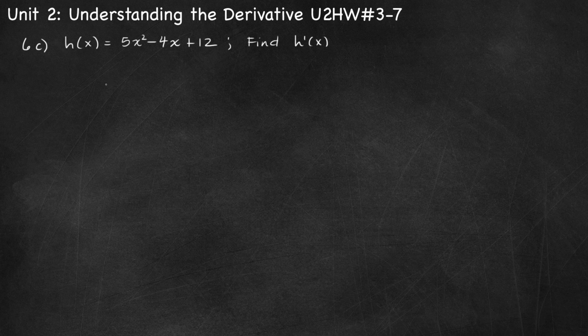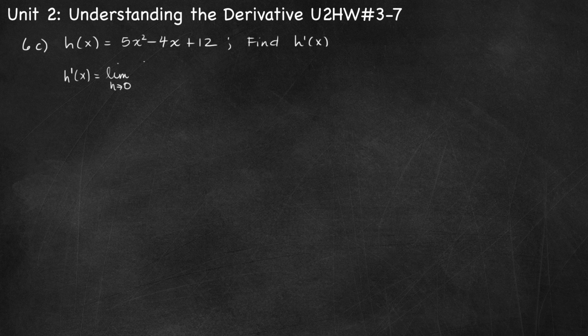Part C, use the limit definition of the derivative to find a formula for h prime of x. H prime of x will be the limit as h approaches 0 of h of x plus h. Using h as the name of the function probably isn't a good idea in this case, don't want to confuse my h's, but I'm going to stick with it.